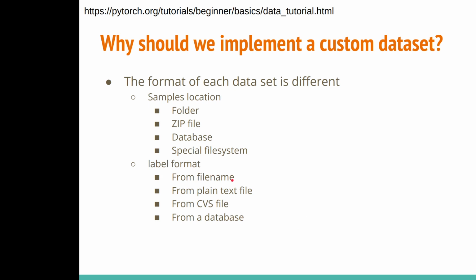Or the label could be in a plain text file, so we need to parse the format of the plain text file to get the label for each image. Or it could be in an Excel file, such as a CSV file, so we need to parse the CSV file to get the label. Or it could be in a database, so we need to read the label from the database.